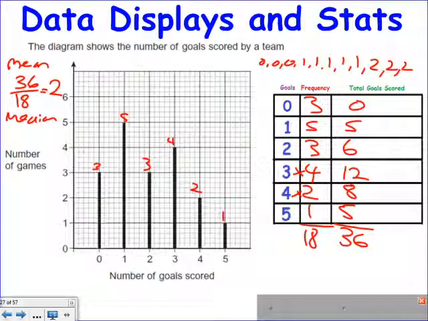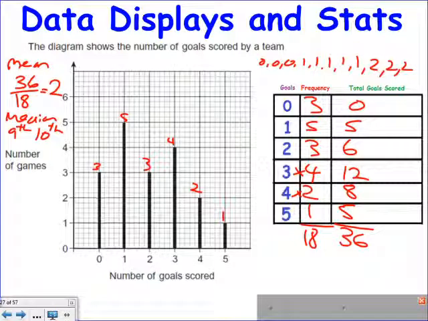So if I played 18 games, what are the middle number of games that I played? 9 and 10, because it's an even set. So to find my median, it's the 9th game and the 10th game that I played in. So this is the first 3 games, 0, 0, 0. The next 5, 1, 1, 1, 1, 1.